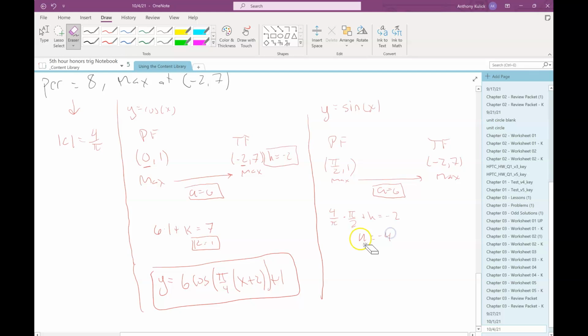So H would have to be -4 in that case. And then similarly, A times the y from my parent function plus K has to give me my y from my transformed function. So there the K is 1.